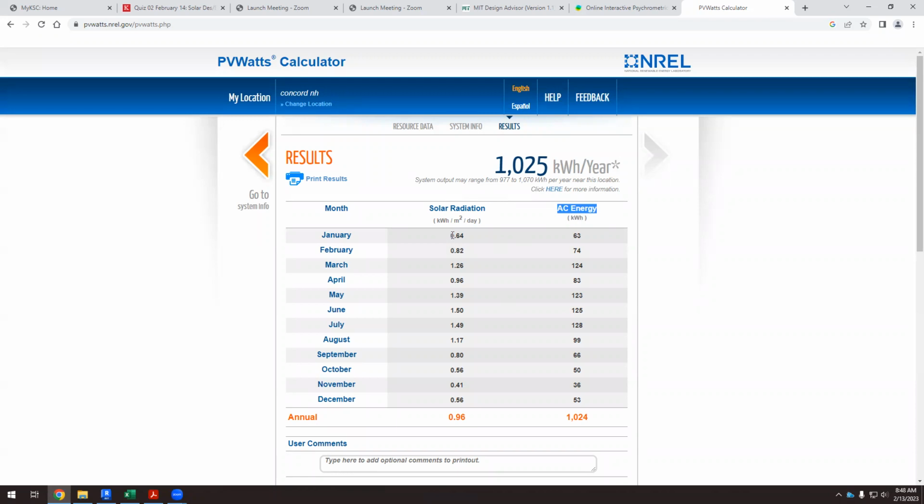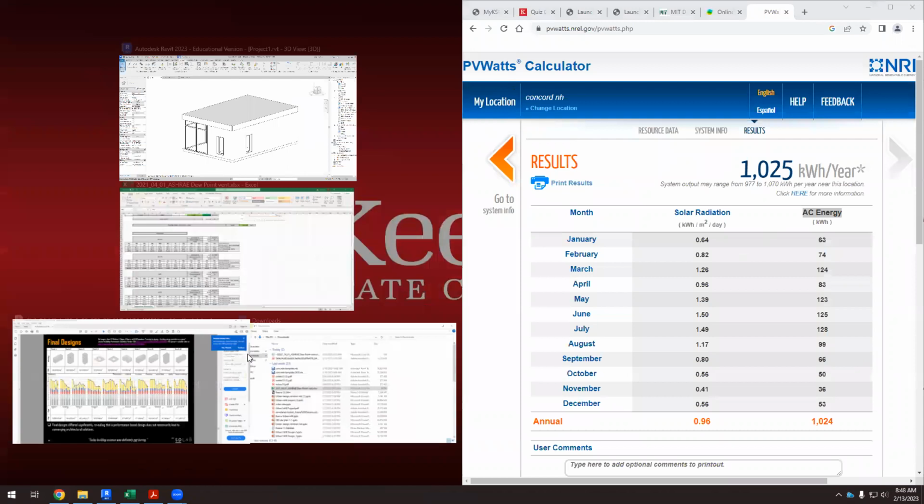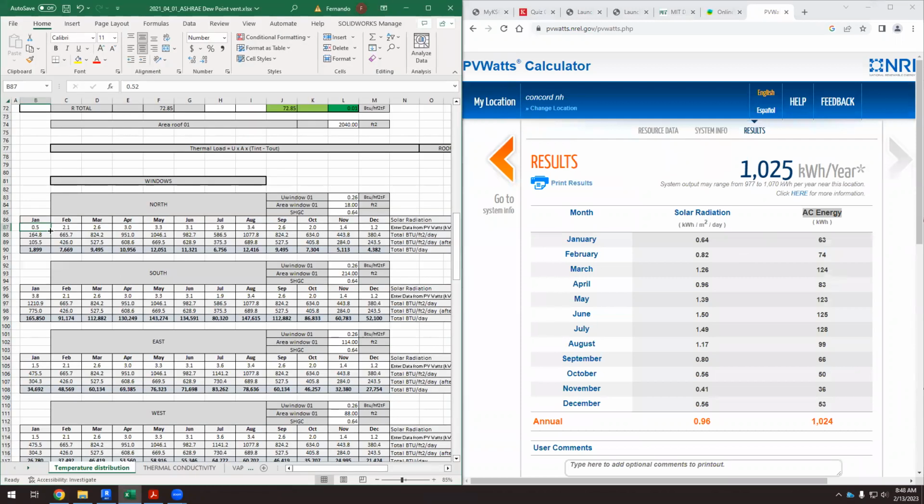And for the solar radiation, now we have to type these values in this Excel file. So in January, this is 0.64. In February, it's 0.82. In March, it's 1.26. In April, 0.96. May, 4.5.